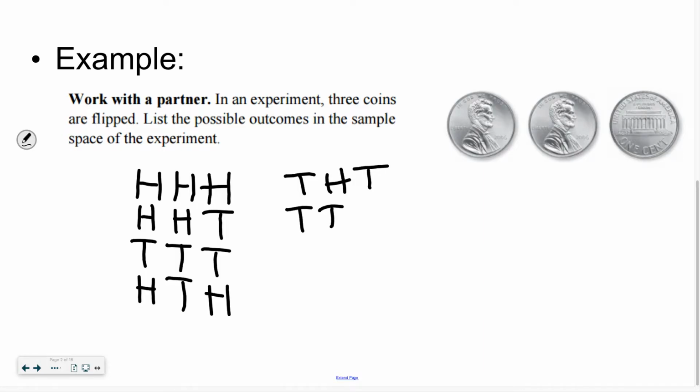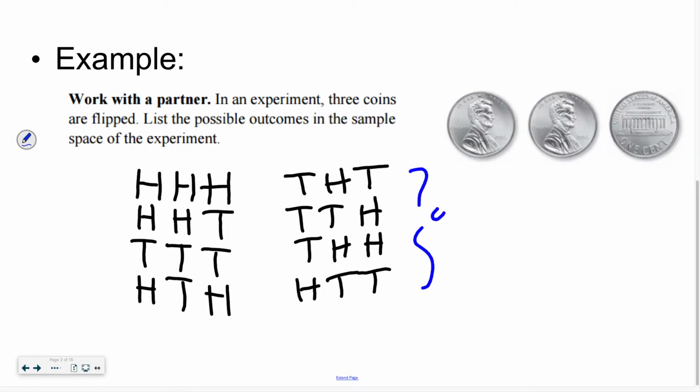Tails, tails, heads. Tails, heads, heads, and heads, tails, tails. 8 of them, right? Okay. So this is our sample space, and we have 8 total outcomes.